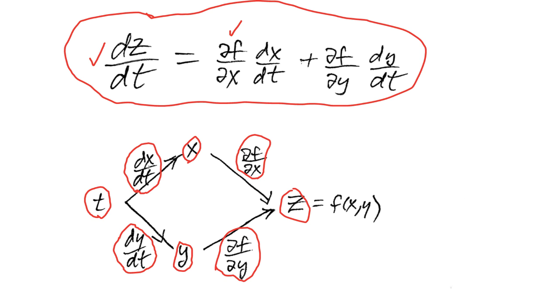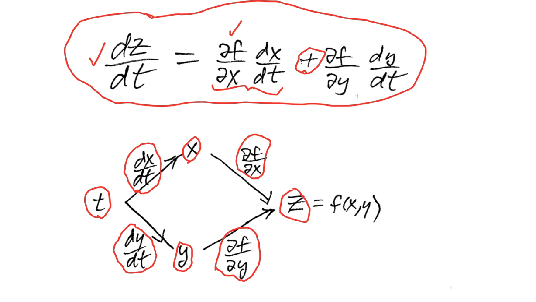Those labels on those arrows are dx over dt and partial derivative of f with respect to x. Multiply those together, and then add the same thing, only following the bottom arrows. So I've got the derivative of y with respect to t times the partial derivative of f with respect to y.